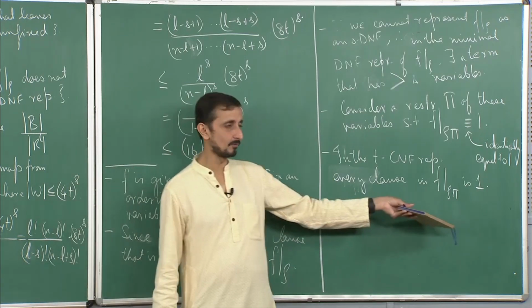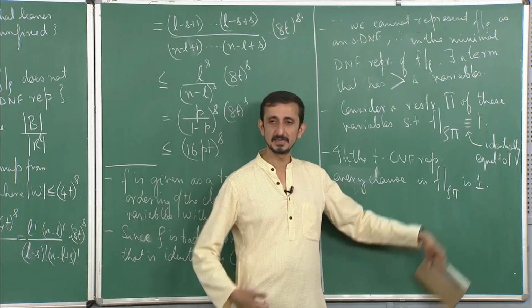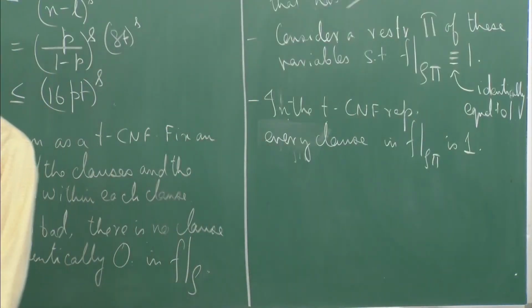Therefore, for the CNF to be 1, each and every clause must be 1. So this restriction is ensuring that each and every clause is 1.